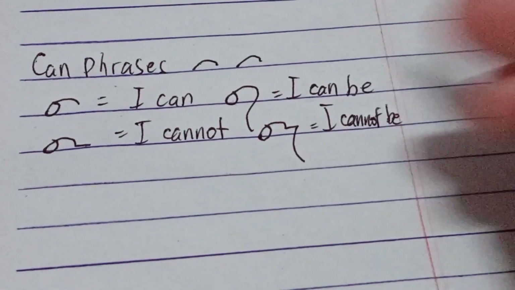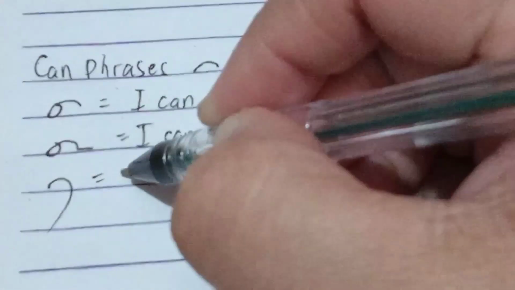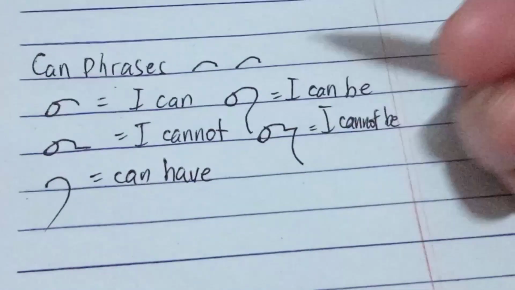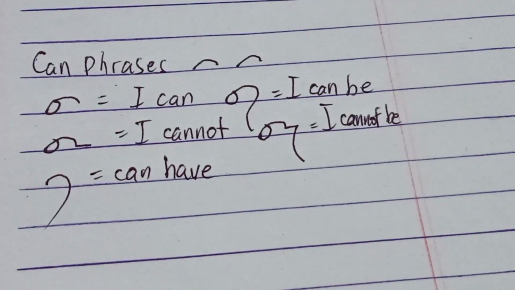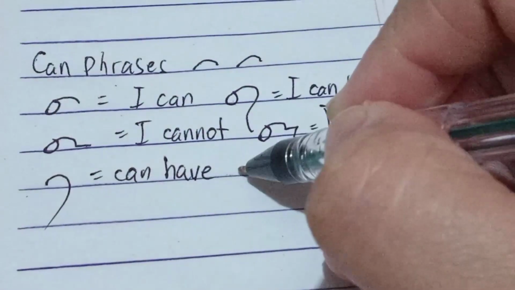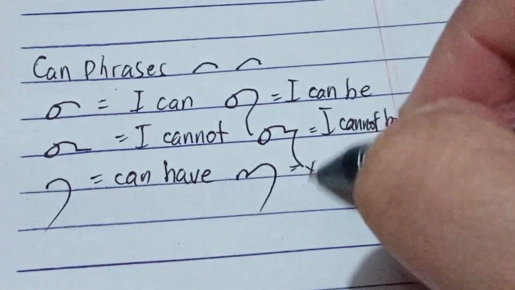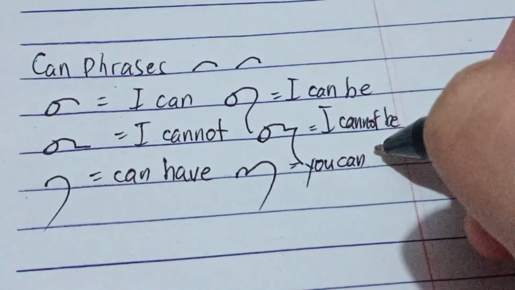How about if I write can tsaka have? So this is can tsaka have. How about if I write you can have? So this is you. This is the can and have.